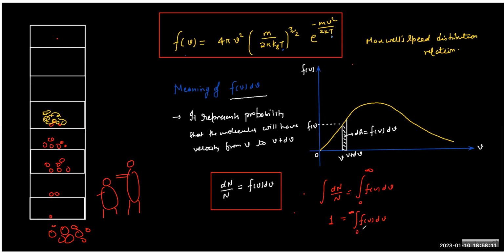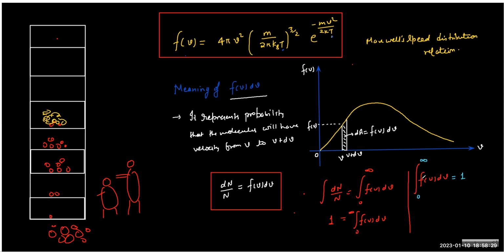So what you are supposed to remember is that the integration of f(v)dv is always equal to 1 when you do it from 0 to infinity, meaning up to wherever the graph exists.